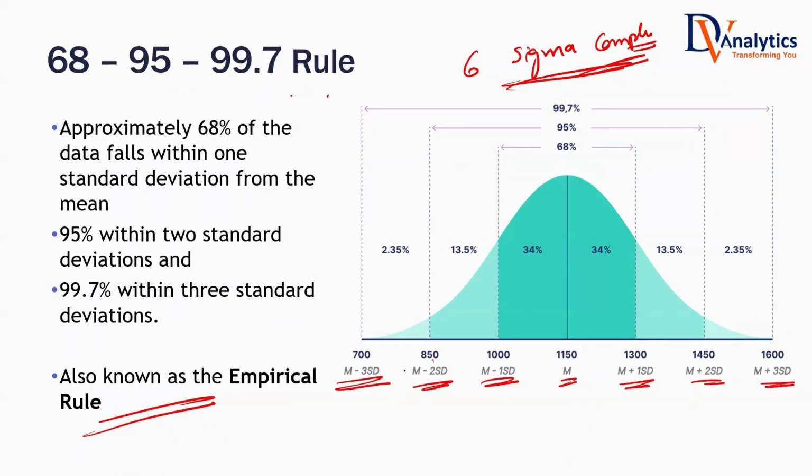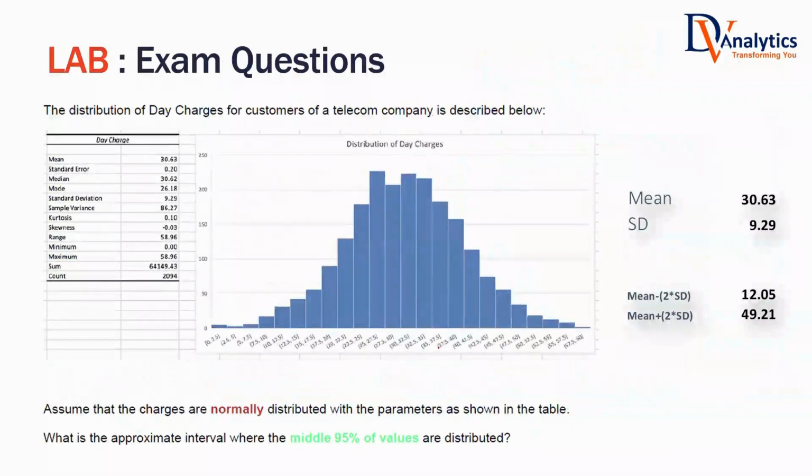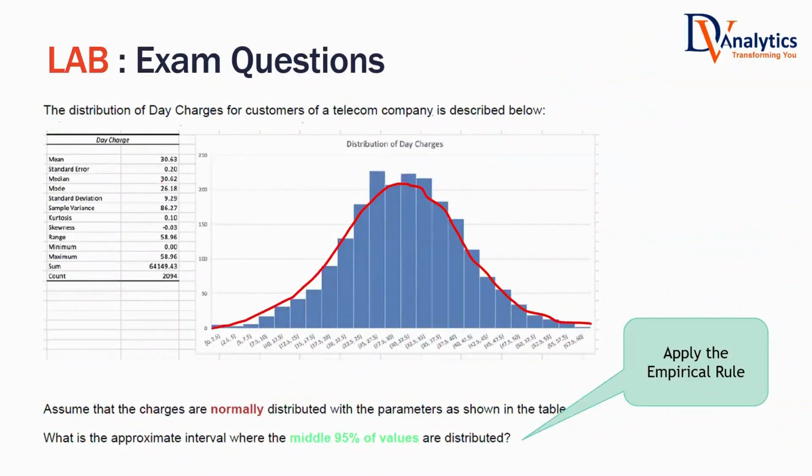Mean plus or minus 2 sigma. So if you have the mean and sigma, can you tell where the middle 95% values are distributed? Tell me what is the formula. Middle 95 means mean plus or minus 2 sigma.